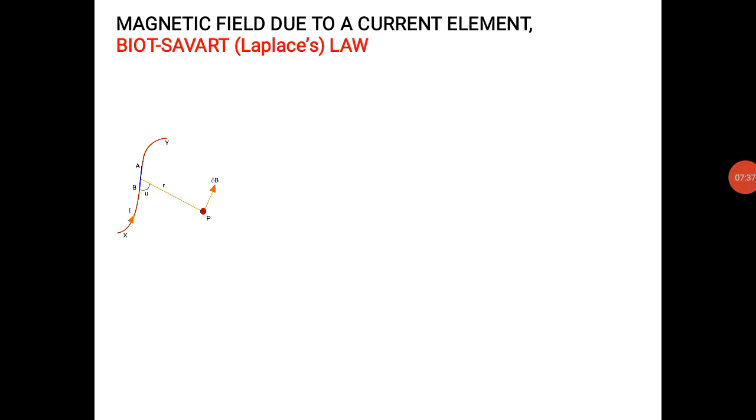Next is the magnetic field due to a current element. In the first class of this topic we already discussed that a current element or a current carrying conductor produces a magnetic field, and the magnetic field surrounds the conductor, and that can be explained with the help of the right hand clasp rule.